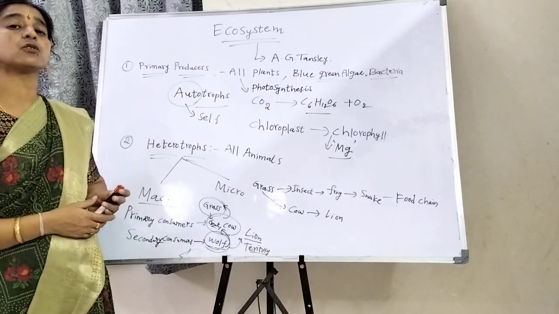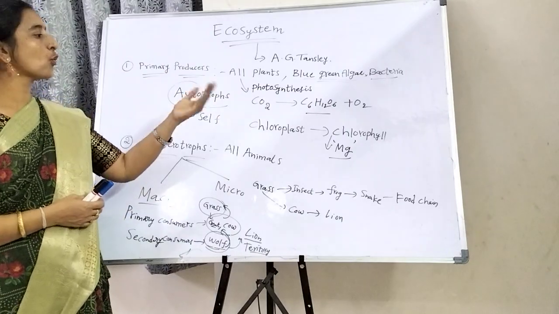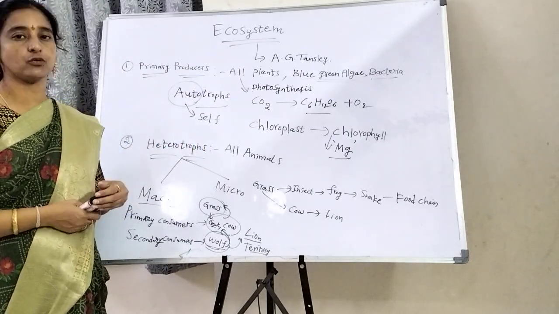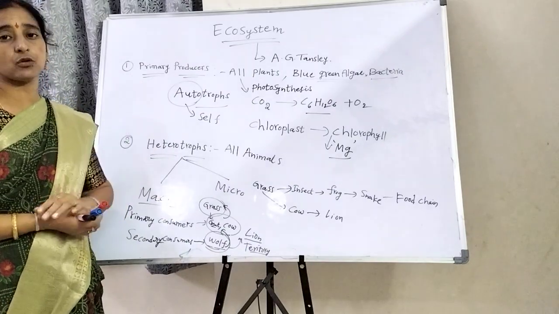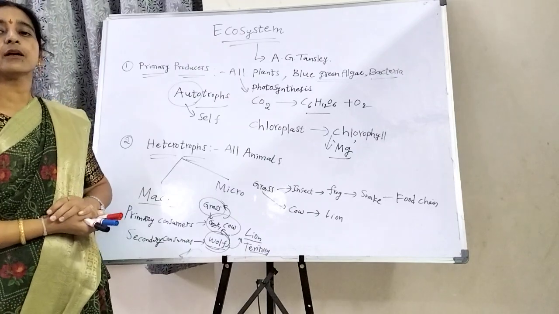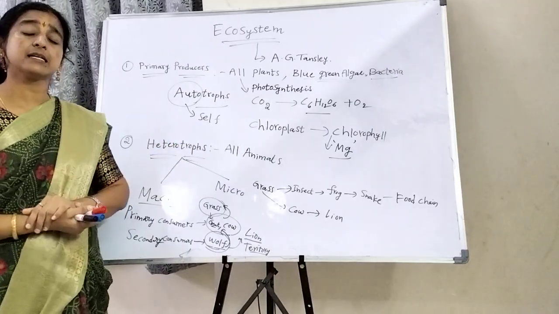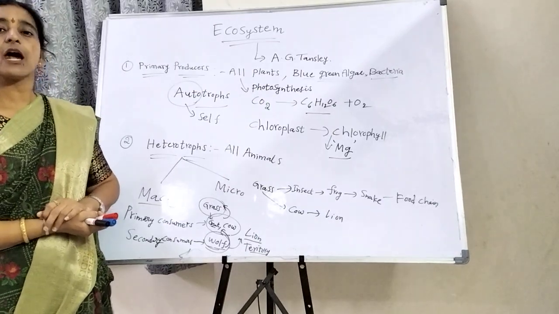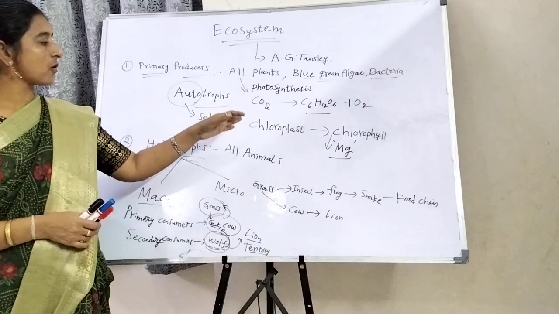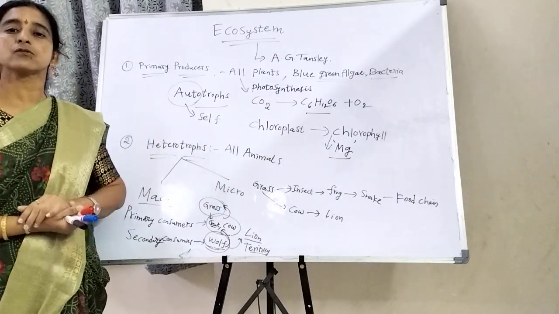Another one is the detritivores, which feed on dead trees, and another are the microarthropods. Microarthropods include Daphnia and Cyclops. These Daphnia and Cyclops are present inside the soil.